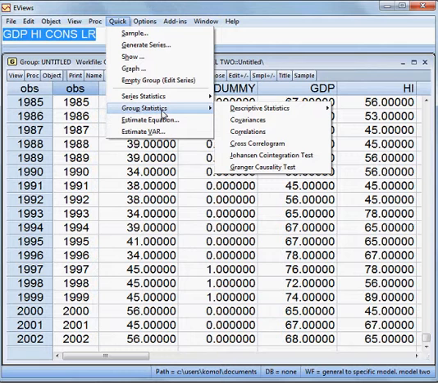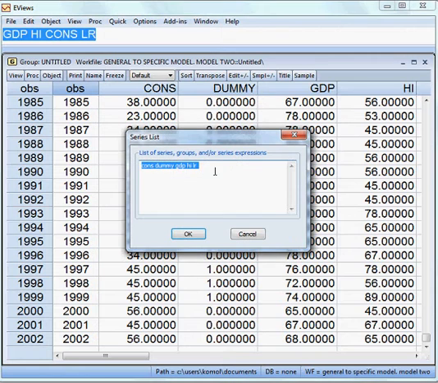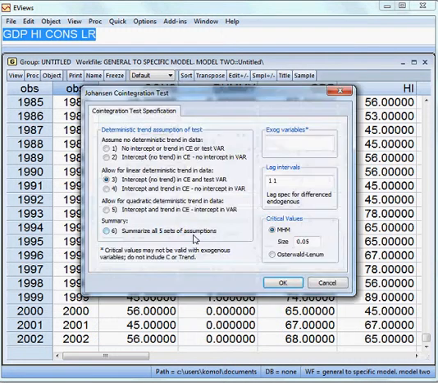I go to group statistics, Johansen test of co-integration. I put all the endogenous variables, first GDP, then HI, then cons, then finally LR, lending rate, and then I press OK.